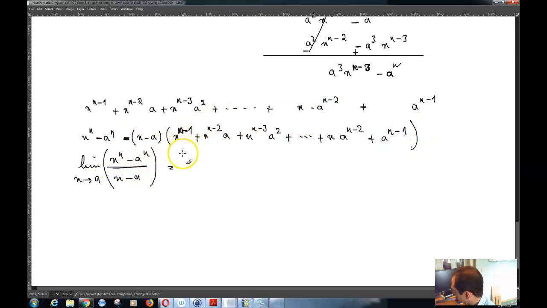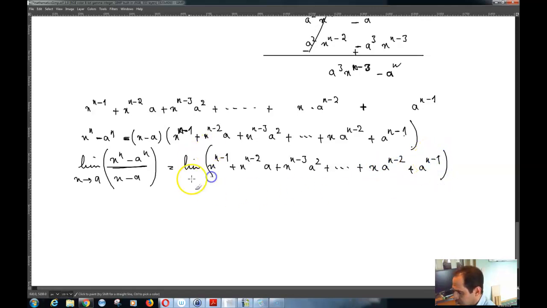So you can write it as the limit of x raised to the power n minus 1 plus x raised to the power n minus 2 times a plus x raised to the power n minus 3 times a squared, plus all the way up to x times a raised to the power n minus 2 plus a raised to the power n minus 1, as x tends to a. So this is a polynomial, of course.